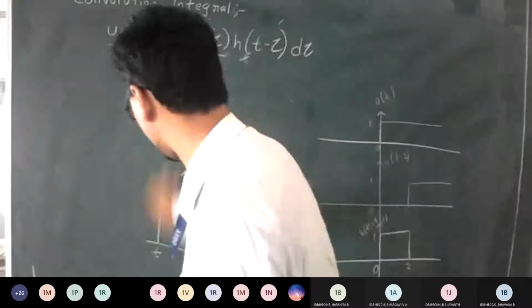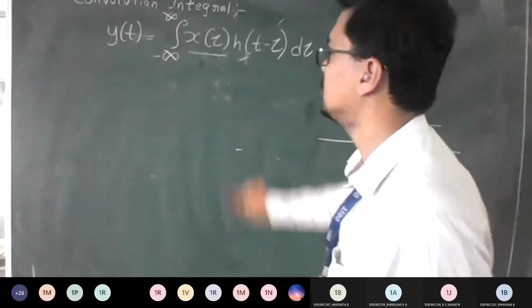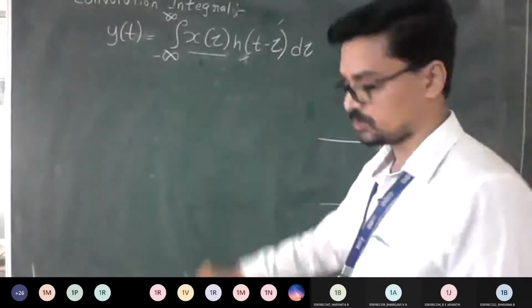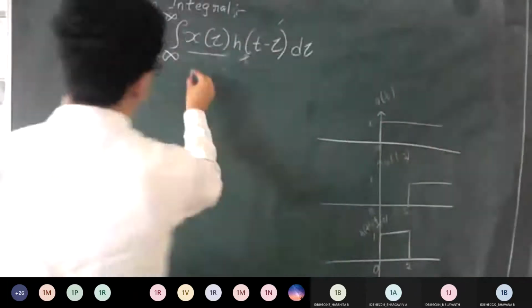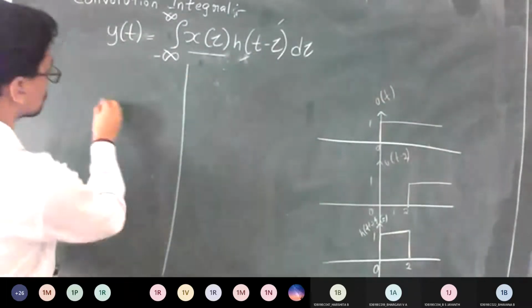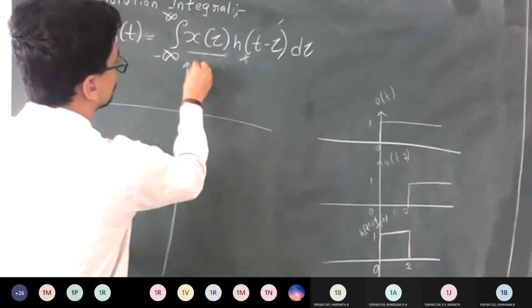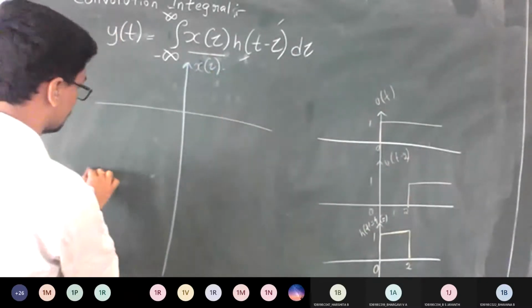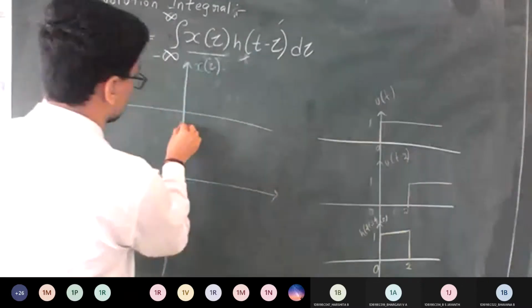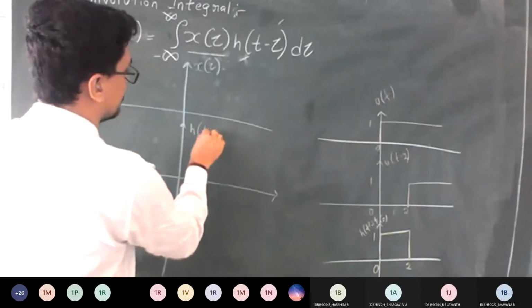So let me plot only x of 2 and h of 2. Those are the 2 things required to plot any sketch. So x of 2 is nothing but x of t. Similarly, we will go with h of t minus 2.